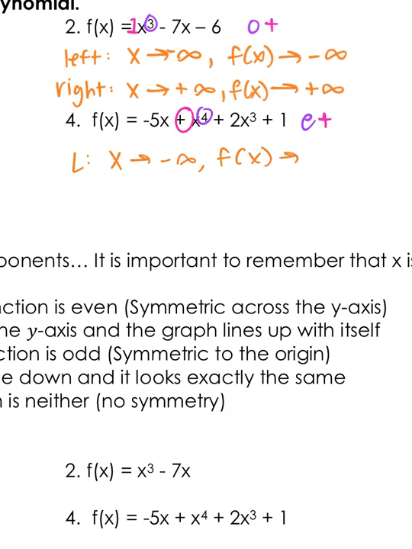So even means that they are going in the same direction. Positive means they are moving up towards positive infinity. So the same thing will be true on the right as it moves towards positive infinity. F of x moves towards positive infinity.